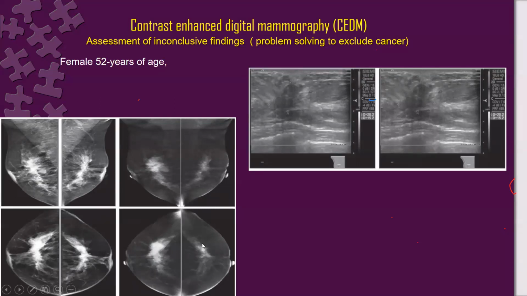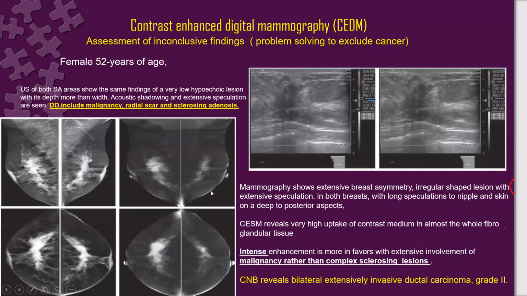So what we have seen here are bilateral, intensely enhancing lesions. Generally, complex sclerosing lesions are not significantly enhanced. Because of this significant enhancement, it upgrades the possibility. So you see, it is mostly cancer, and it was proven to be extensive bilateral invasive ductal carcinoma grade 2. Very sad.